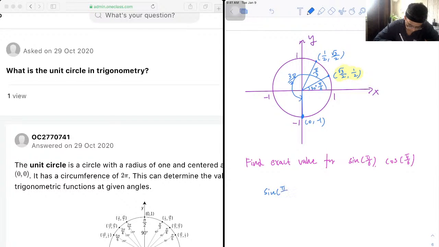Sine pi over 6 is just 1 over 2, cosine pi over 6 is just root 3 over 2.